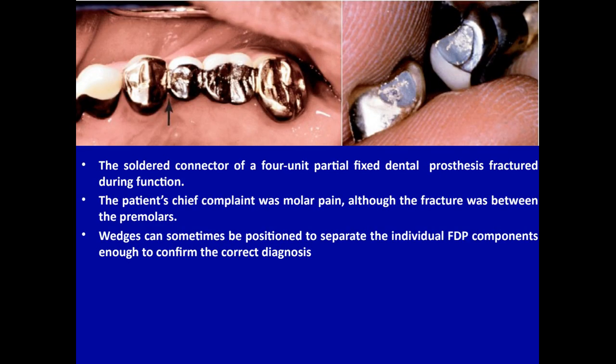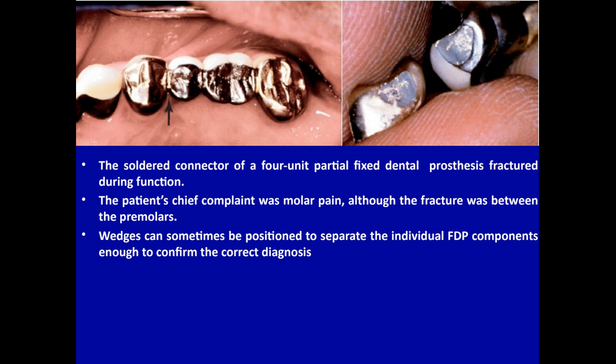This is an example of fracture connector between the full coverage anterior retainer and the premolar pontic. The patient complaint is discomfort and pain related to the posterior abutment because of the cantilever and overloading of the posterior abutment.